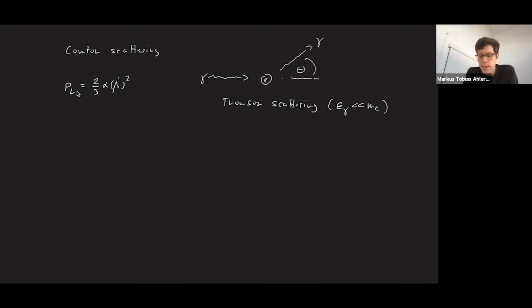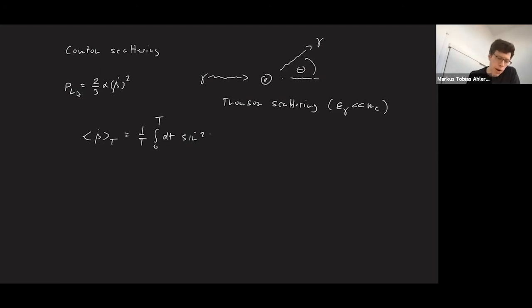And in this classical regime, I can treat the incoming electromagnetic wave as a classical wave, and the acceleration that the electron experiences can be expressed by the following time average. So we basically have to average over one oscillation period of the incoming electric field of the electromagnetic wave. For simplicity, I will assume that this is linearly polarized.